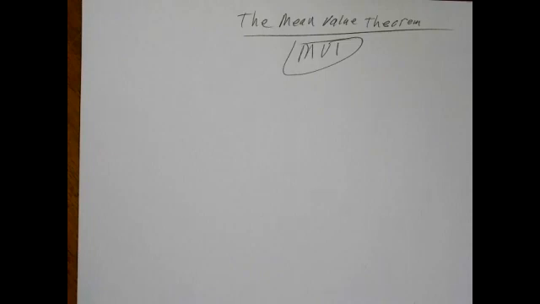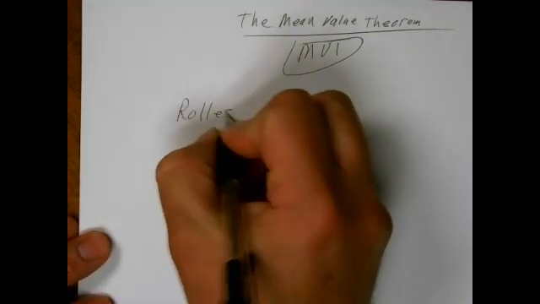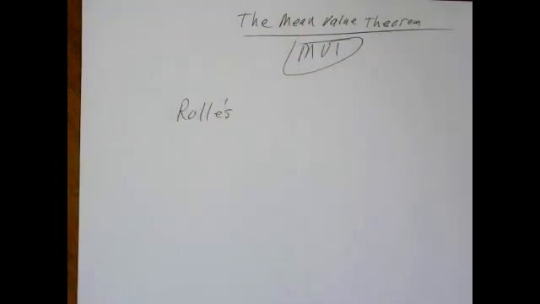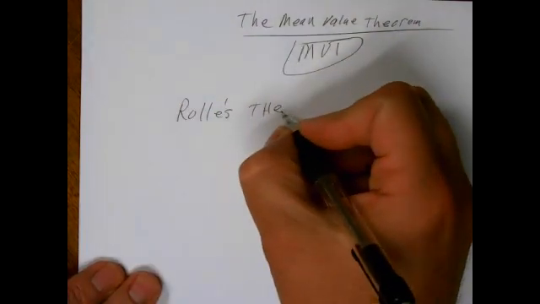Before we talk about the mean value theorem, we need to talk about one called Rolle's theorem, because Rolle's theorem is used to prove the mean value theorem, so it is usually mentioned first.